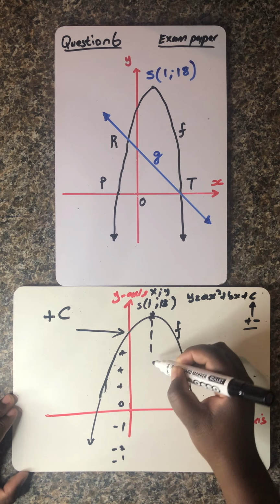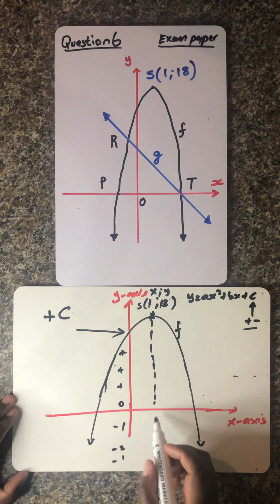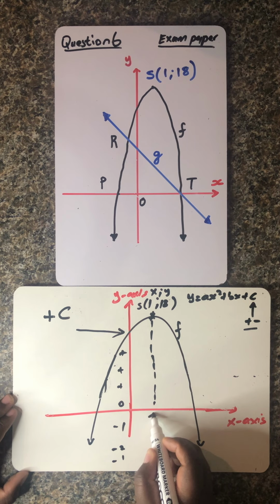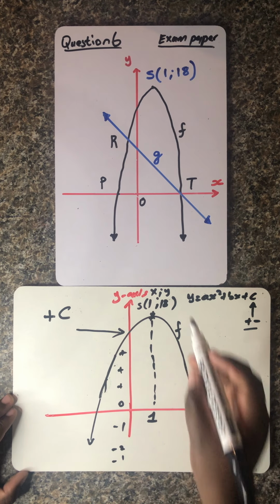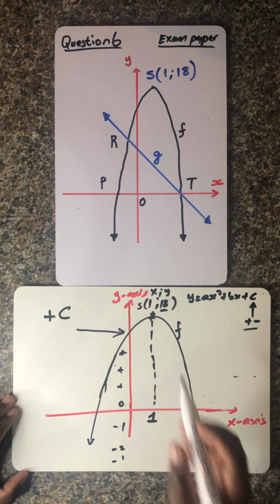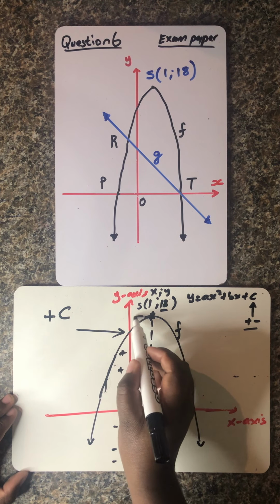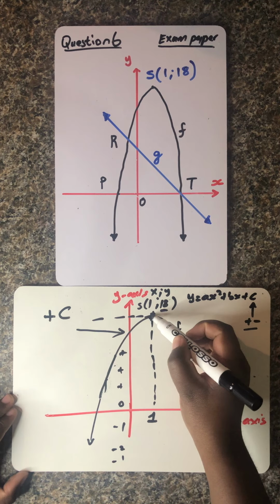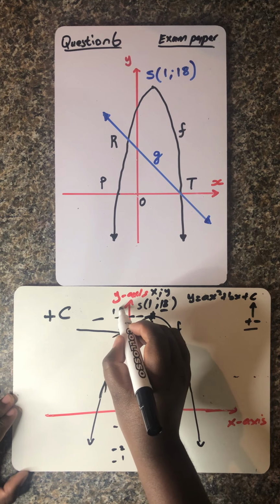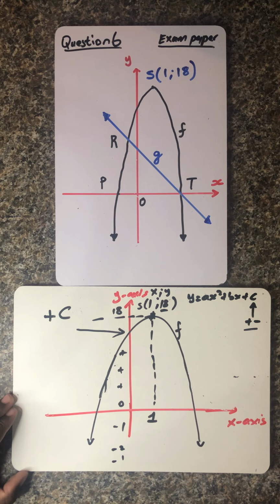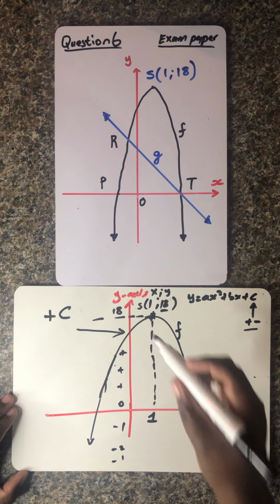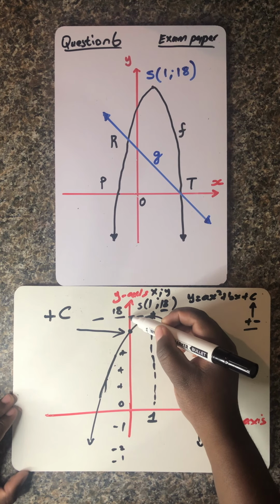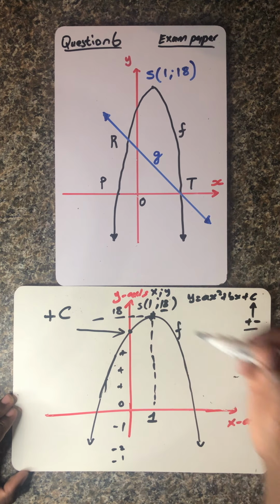Where is that 1? If you draw a straight line that cuts the x-axis, this is that 1. What about that 18? That 18 represents the y value at that point over there, so it's positive 18. So this point over there is a number which must be below 18.